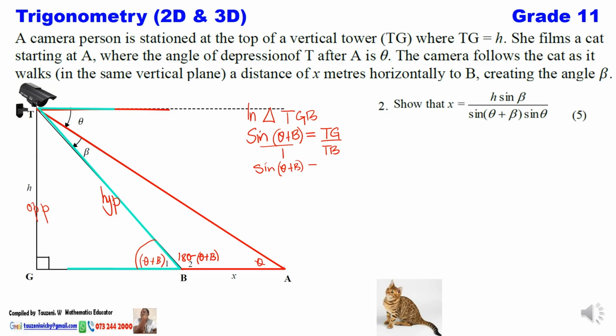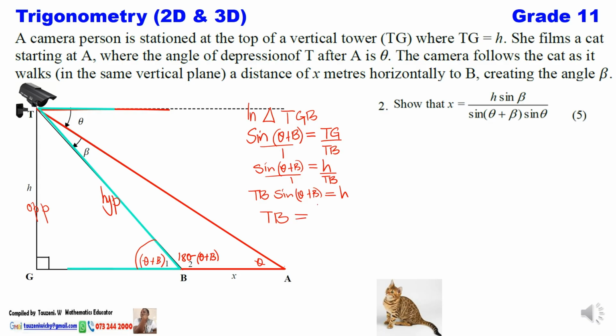TG is equal to H, and TB is what we are calculating. By cross multiplication, TB multiplied by the sine of theta plus beta is equal to H. Then from here, we divide both sides by the sine of theta plus beta.